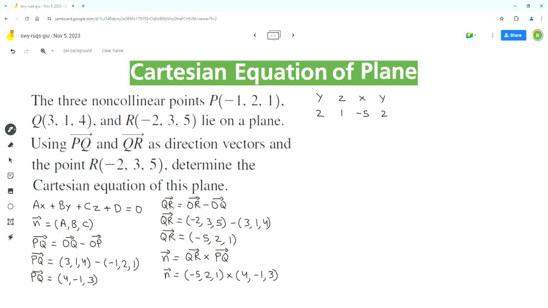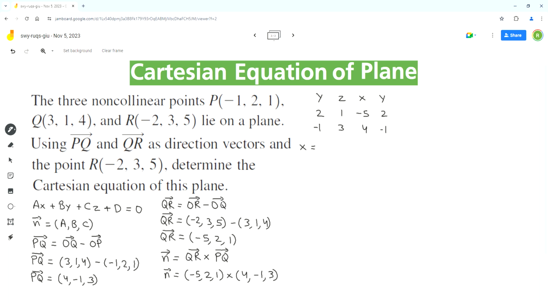For vector PQ, the y component is -1, z component is 3, x component is 4, and y component is -1. Now we can find the x, y, and z components of the cross product vector.